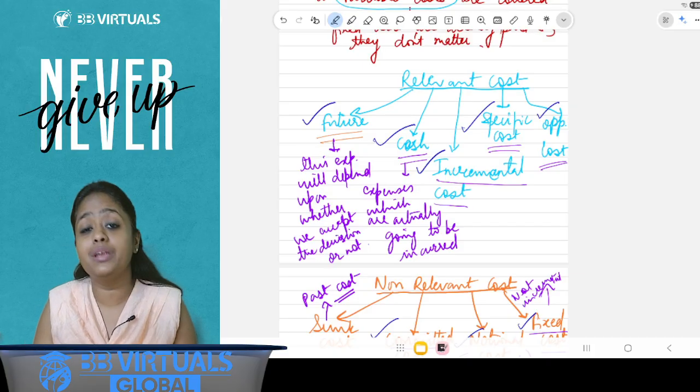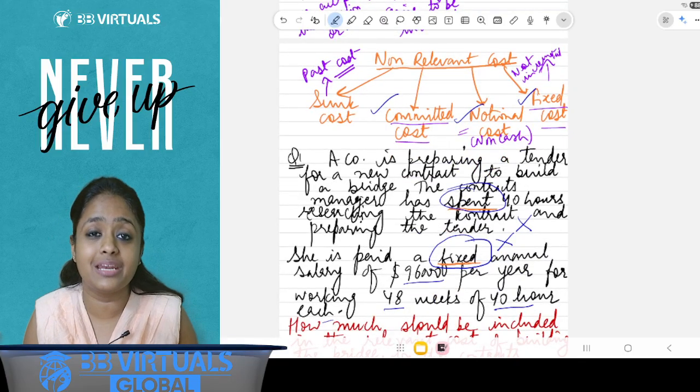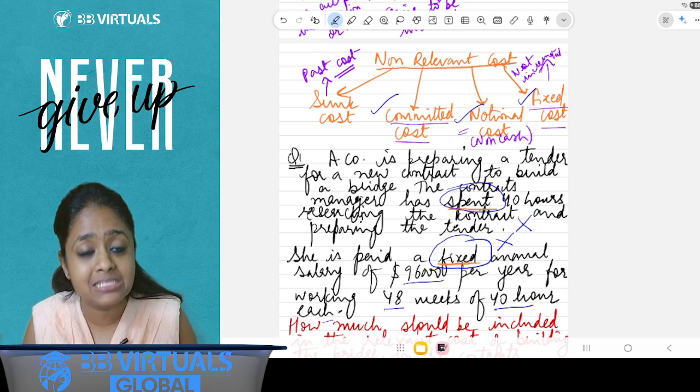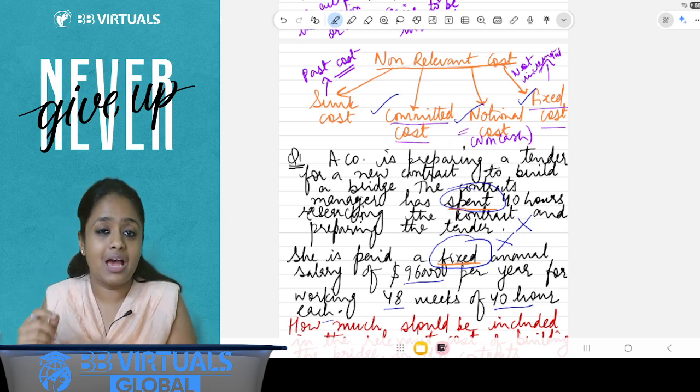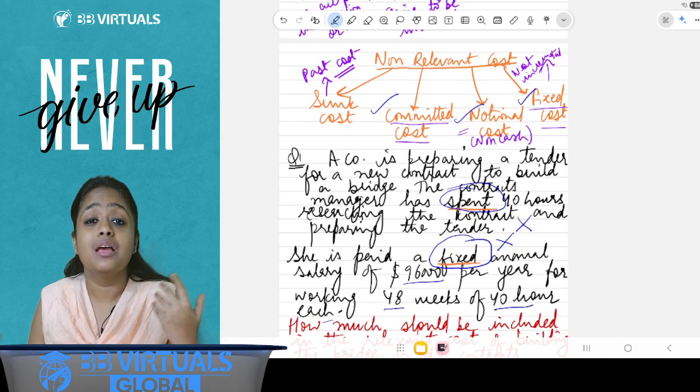So contrary to it, which are the non-relevant costs? Number 1, the cost that has already taken place in the past, which is my sunk cost, that we have already incurred in the past. Then the other cost can be the fixed cost.